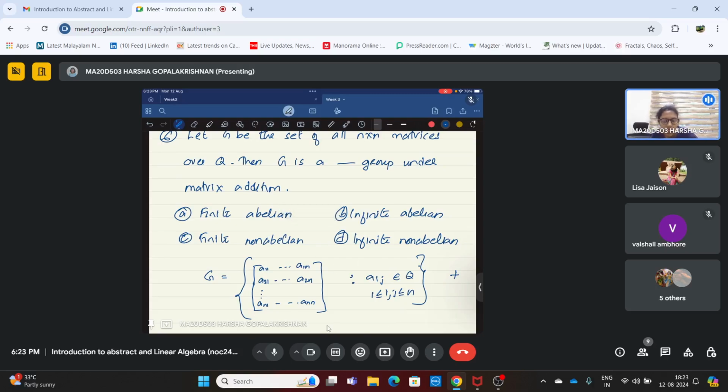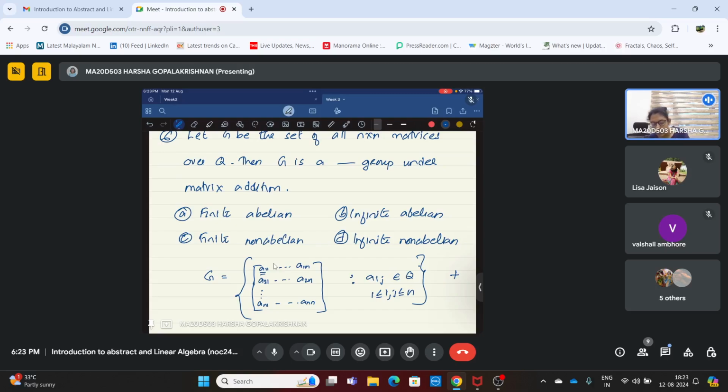Now, why is it an infinite group? Because Q, we know, is a countable set, but it is infinite. It is not finite. For A11 we have an infinite number of choices from Q. For the next element A12 there are also an infinite number of choices.